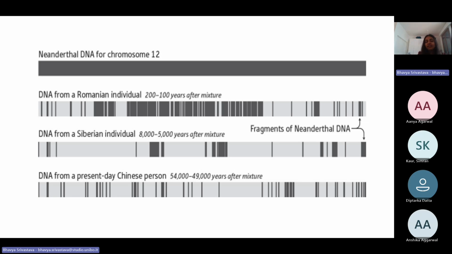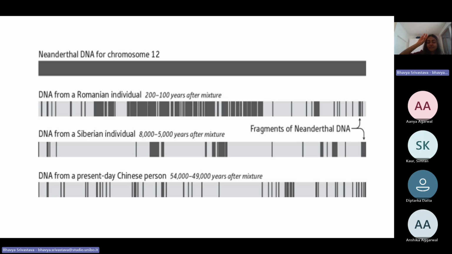Then almost 8,000 years after that mixture, if you see the DNA material of a Siberian, the Neanderthal fragment has also reduced, because the Neanderthals have now gone extinct, but the Homo sapiens are still reproducing amongst themselves.